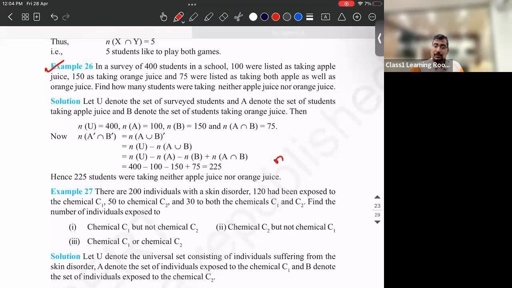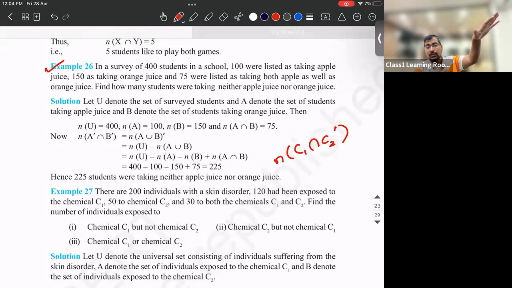So it basically means N of C1, and you're saying the second person has not got exposure, because both are happening simultaneously. I'm only concerned about the list where the person is affected because of chemical 1.